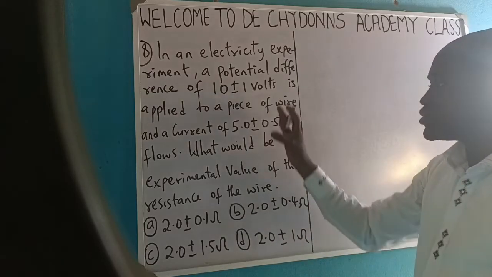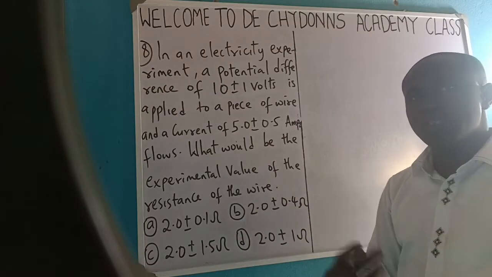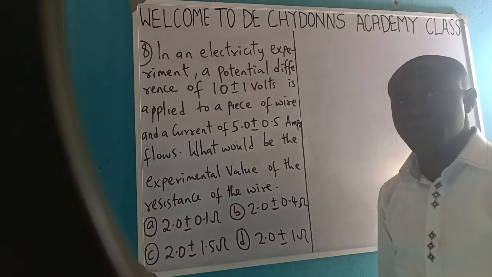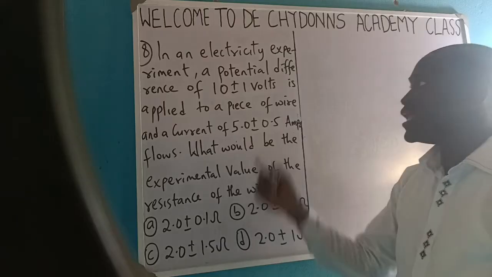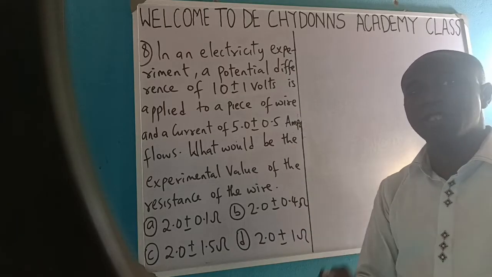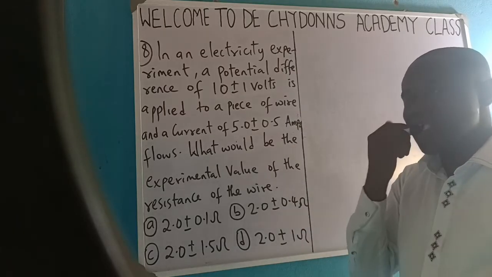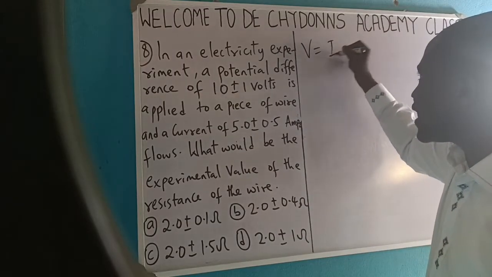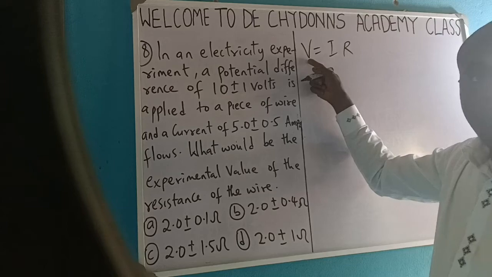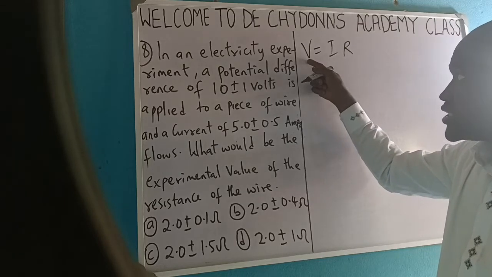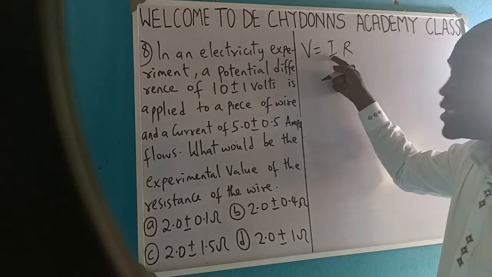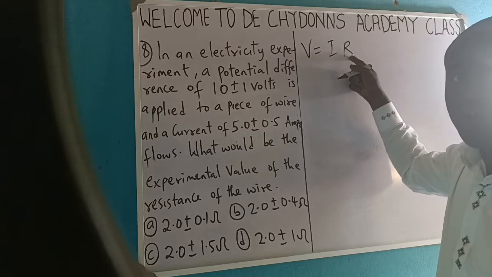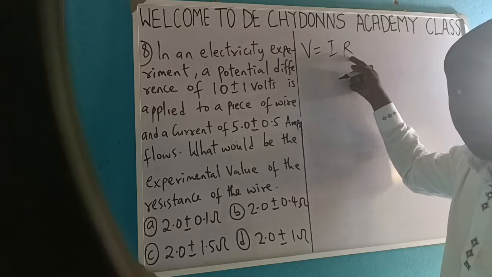As you are looking at this question, ask yourself, what experiment is it coming from? From the electricity experiment. In electricity, we were told about Ohm's law, that it stated that V is equal to IR. V is voltage or potential difference, I is current, and R is the effective resistance of the resistors given to us.